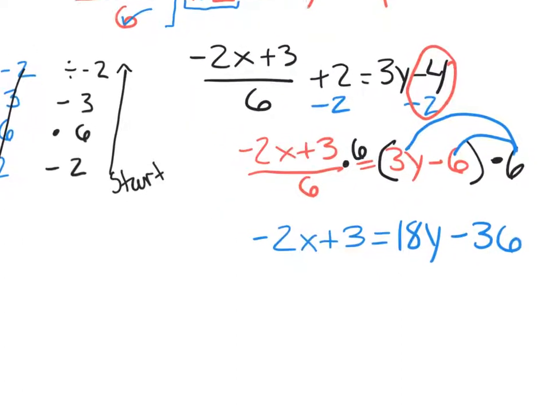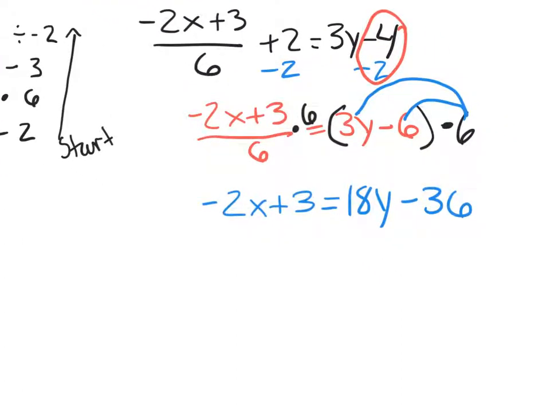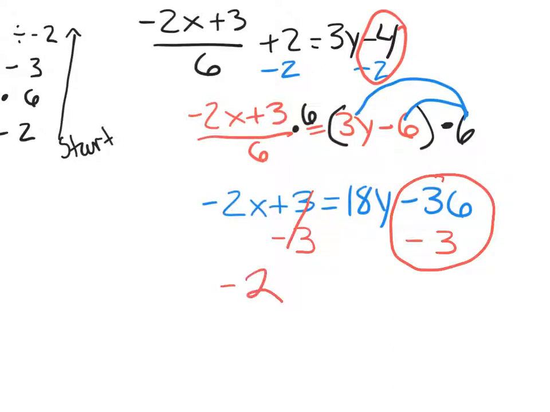Then our next one is subtracting 3. And we can combine that minus 3 to the minus 36. So negative 2x equals 18y minus 39.